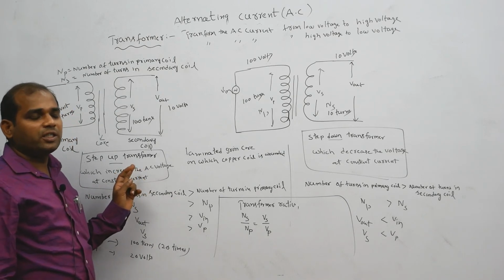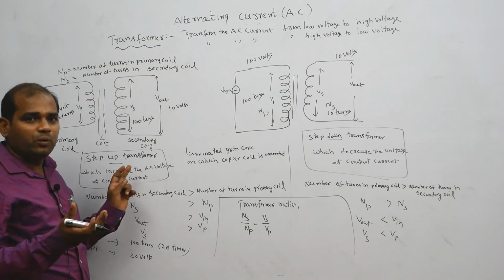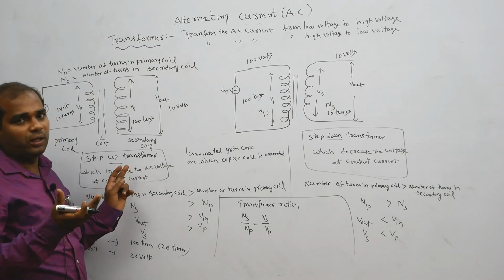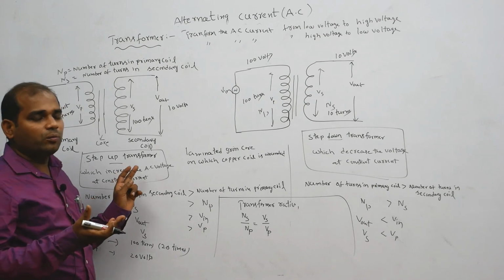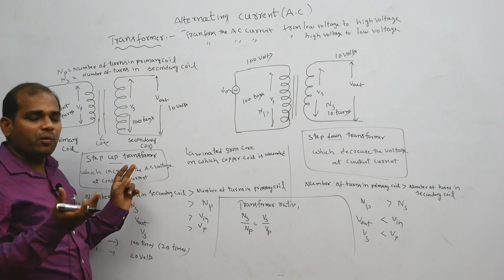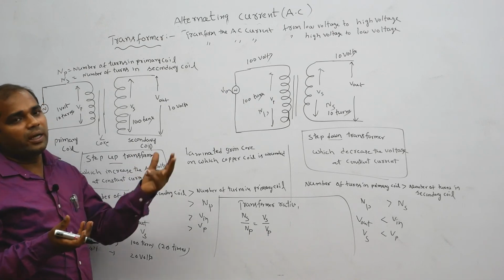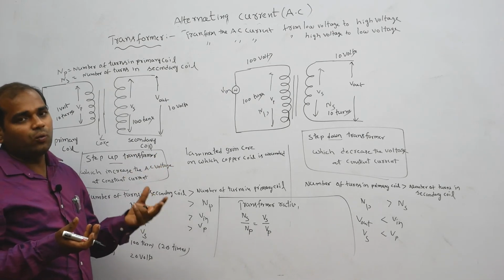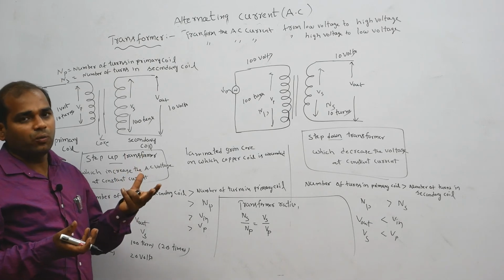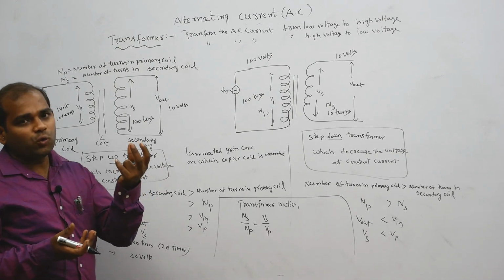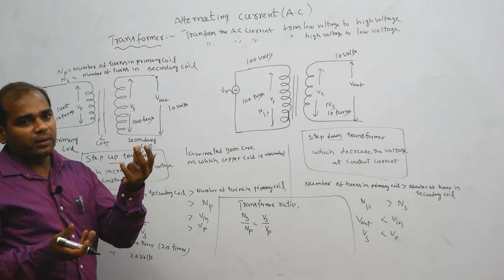Similarly, where do we use a step up transformer in homes? In the tube light. The tube light can glow only with a high voltage. But in our home, we receive only 220 volts from the substation, and the tube light will glow only with more than 220 volts AC. So a choke is provided at the tube light.